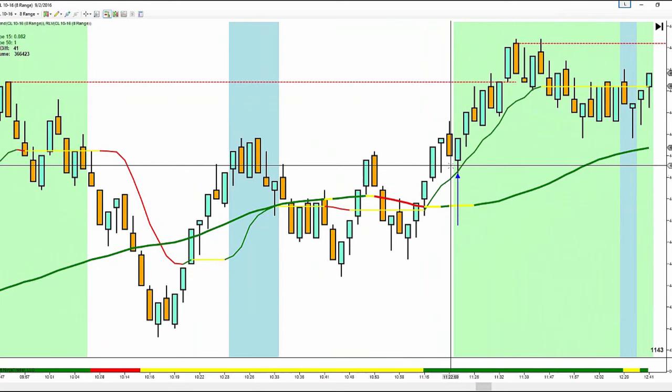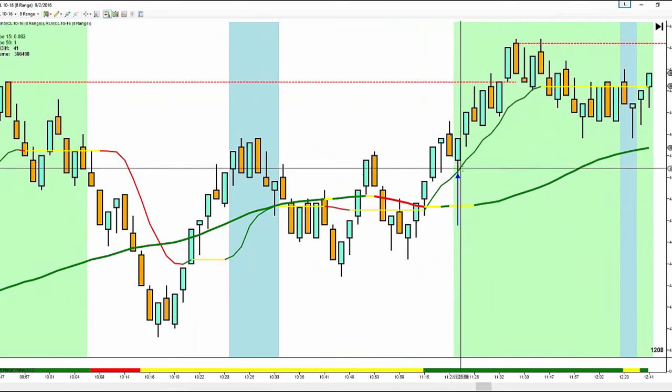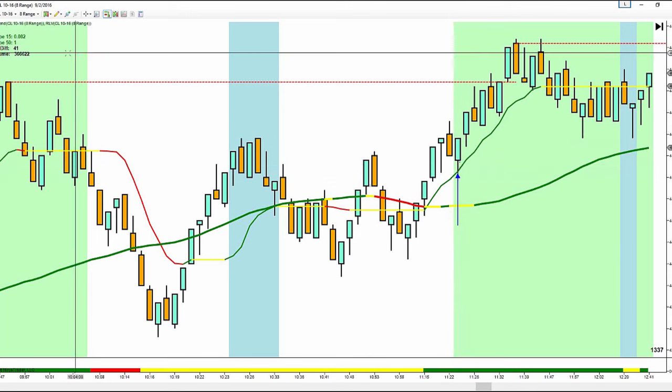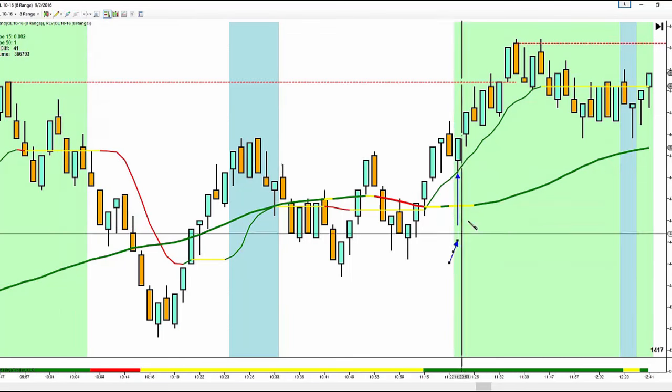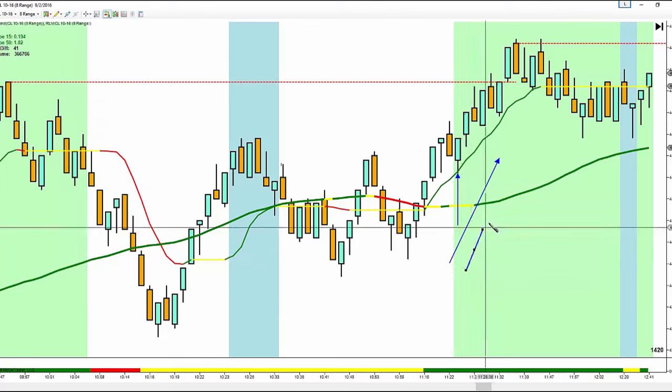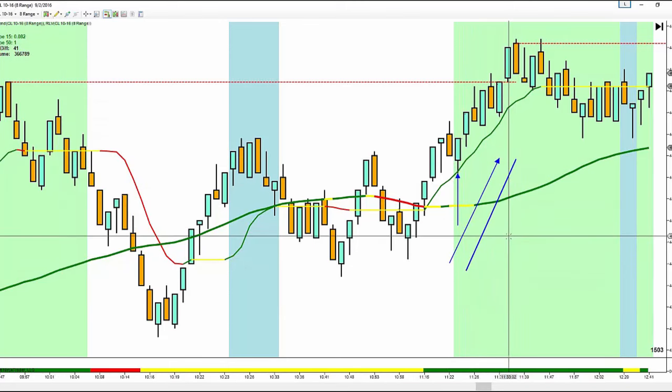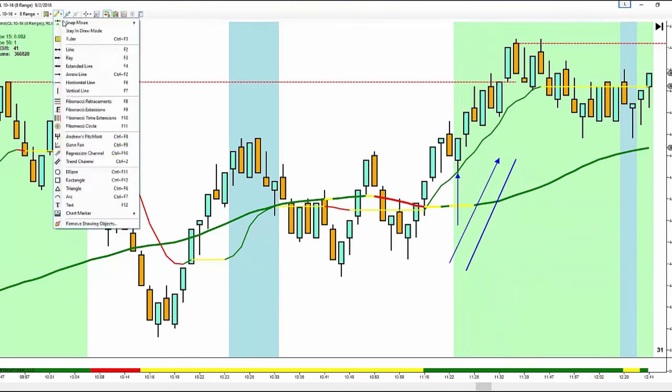Here's the pullback on your trading chart, telling you that price is retracing on the time frame that we're trading, but your two higher time frames are continuing to the upside. That is an enormously powerful signal.